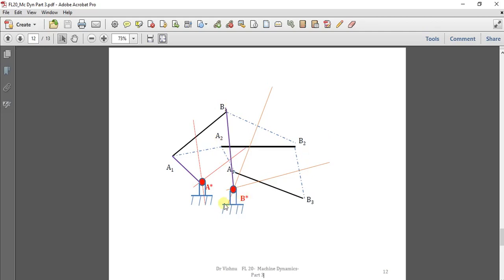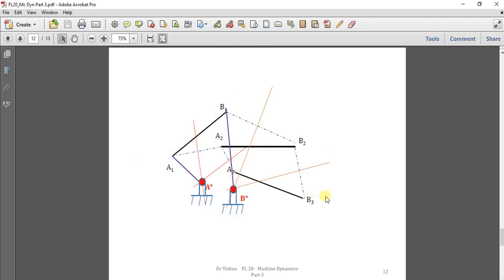After some more time, it has reached this position A3, B3. Again, they are actually different positions, but the length of the link cannot change. That means A1B1 should be equal to A2B2, which should be equal to A3B3.